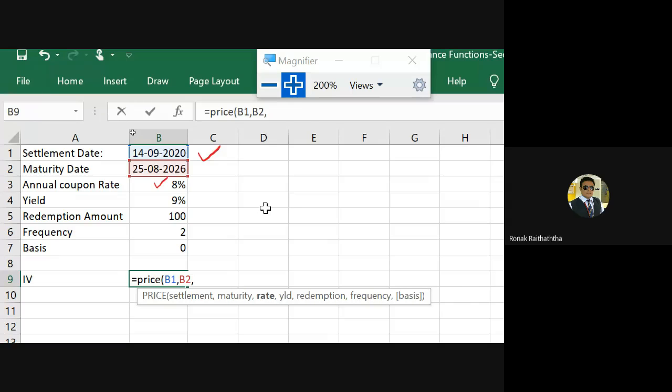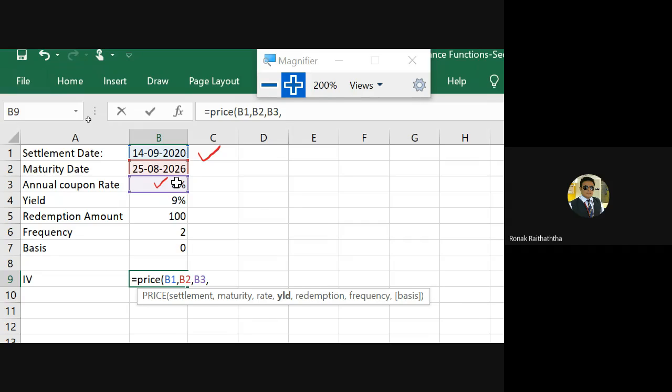Then you have the rate, that is the coupon rate. Coupon rate is nothing but the interest rate that you get from this. So I'm selecting 8%, comma. Yield is the percentage of expectations you have from this bond.